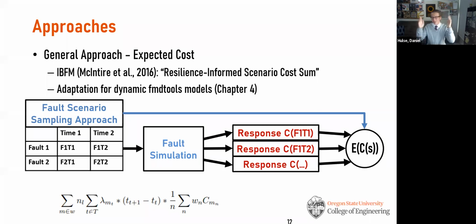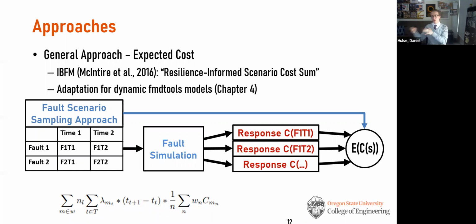So kind of what we realized, I guess, when we were developing these expected cost frameworks was that in order to quantify this expectation, we have to have this set of scenarios that are injected in a fault simulation. And so actually quantifying our expectation accurately results from having some sort of fault sampling approach that we use for each hazard.